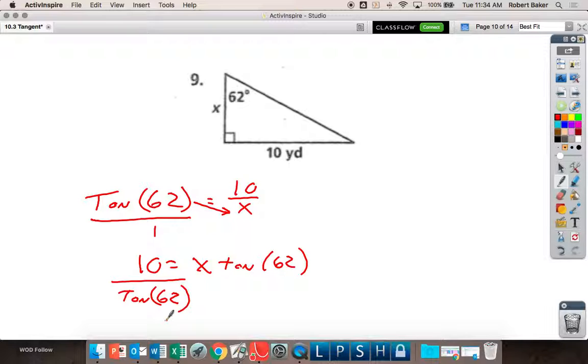It was tangent of 62 equals 10 over x, and it wound up as x equals 10 over tangent of 62. So what happened here was the denominator and the answer switched locations. So if there is a variable as the denominator, you can take those two terms and swap locations. So you type in 10 divided by tangent of 62.